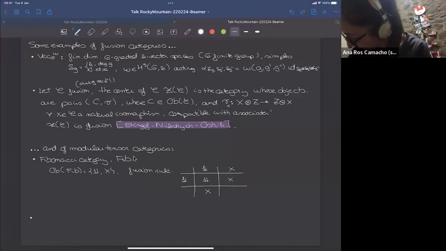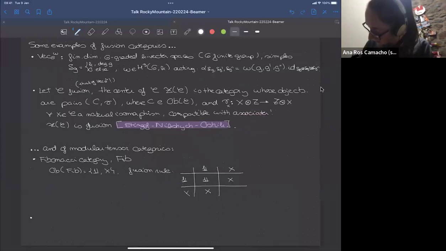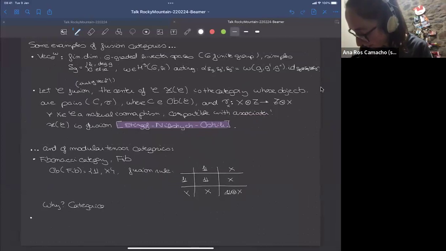Of course, we call this the Fibonacci category because of the categorical data. The quantum dimension of this object X depends on the golden ratio.